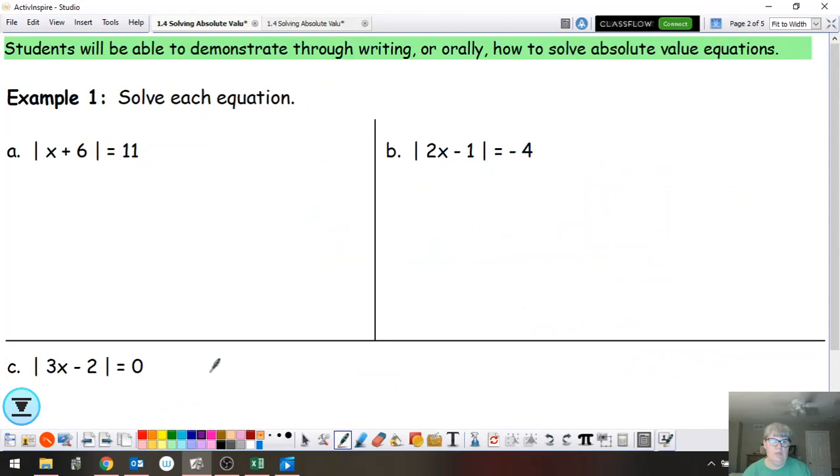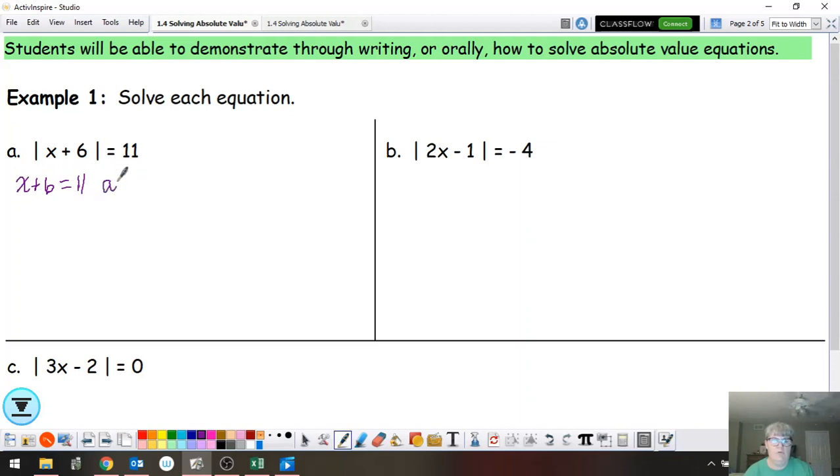So let's take a look at some equations. In the first equation, we have absolute value of x plus 6 equals 11. Keep in mind, x plus 6 represents a value. Some value is 11 units away from 0. Well, I know 11 is 11 units away from 0, so that tells me that x plus 6 could be 11.